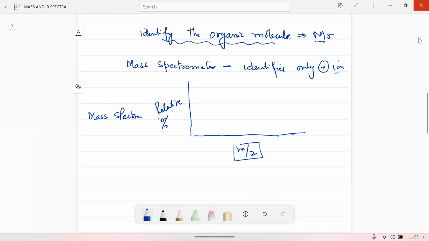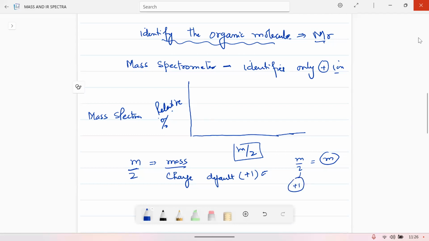Now this is an important thing, M by Z value, where M is for mass and Z is for the charge. At an AS level, by default, it is considered as +1. Otherwise, if they don't say anything in your exam, it means it is +1. But if the examiner wants any specific questions, then they may change this. That is why M by Z is important. So M by Z for us is similar to M, that is the molecular mass, because we are considering this as a +1 charge by default.